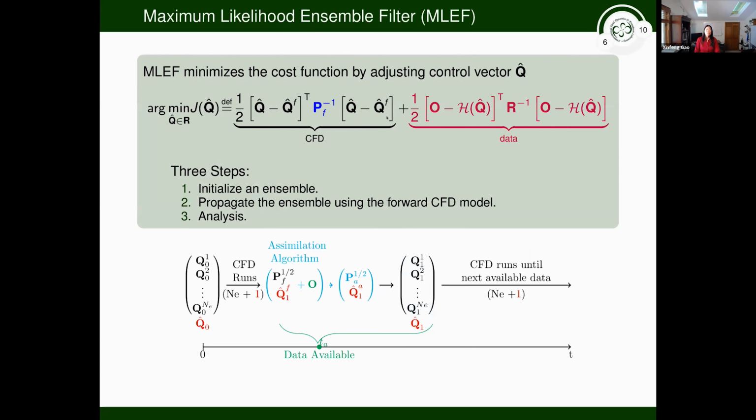What specifically are we using? For the data simulation, we're using the maximum likelihood ensemble filter. This is an ensemble-based filter, a DA method. There are a lot of methods available, for example variational methods, 4D-Var, 3D-Var, and also the Kalman filter family.